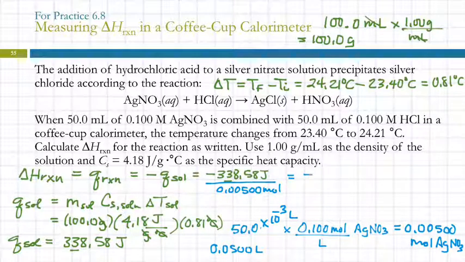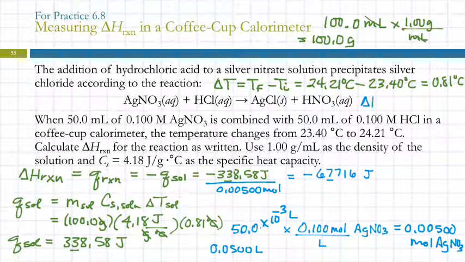And so I get this big old number. And that should only have 2 significant figures, and the unit there is joules per mole. You have to be a little careful.